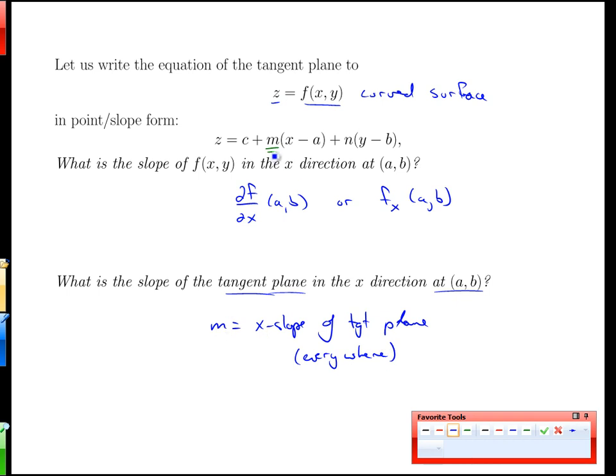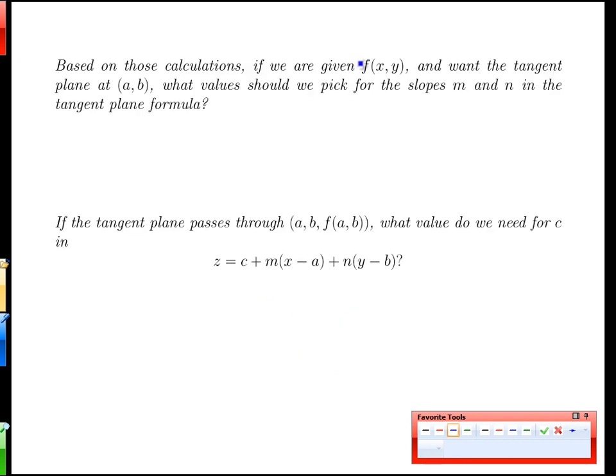That m value gives us the x slope no matter what x and y are. So if we're trying to build a tangent plane, so a plane that matches the function we've got, so we've got our function, we have got the point, what should we pick for the values for m and n in the tangent plane formula? Well, we want the tangent plane formula, or more importantly, the tangent plane slopes.